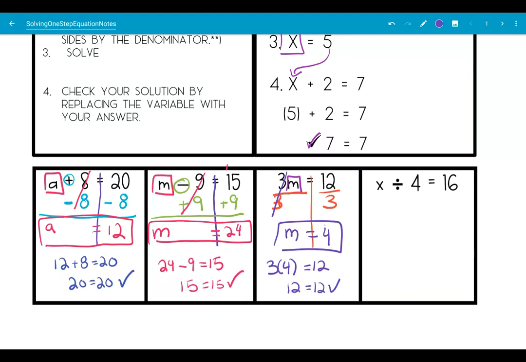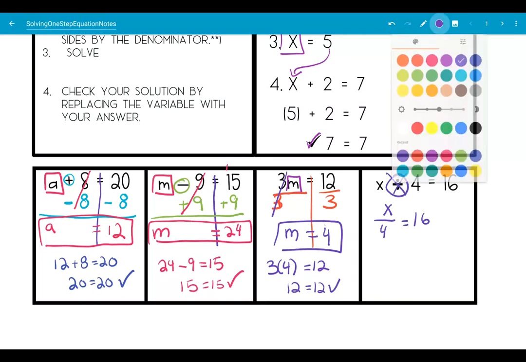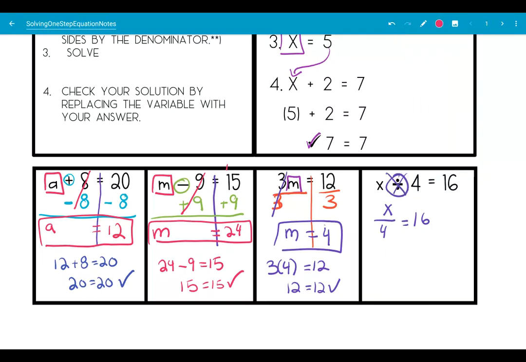The last one over here is x divided by 4 is equal to 16. I want us to rewrite this how we normally see it. In algebra, you'd normally see it this way because we know that the fraction bar means divide. We're kind of getting away from using this division symbol anymore. So when we see that the fraction bar is there, we see division. We know that the inverse of division is multiplication. So this is the only operation that does not go underneath.